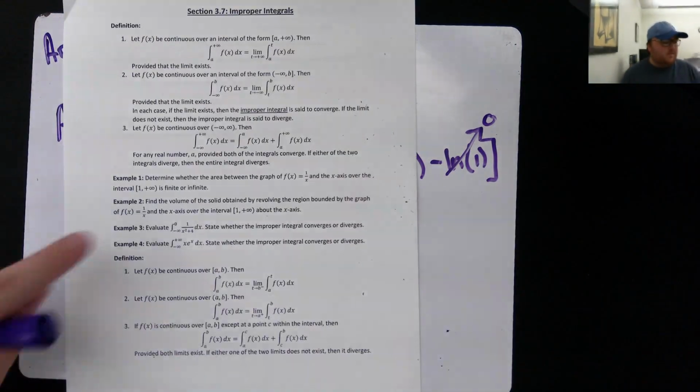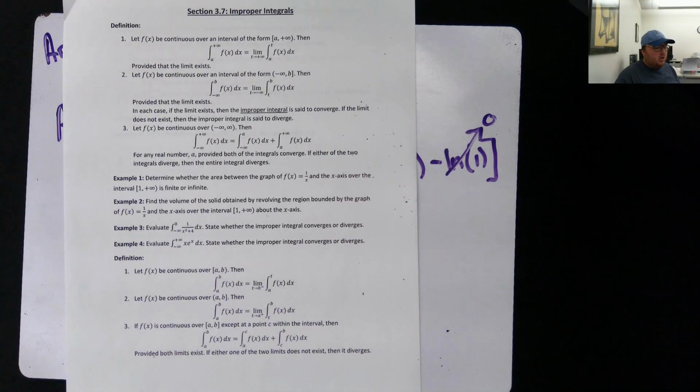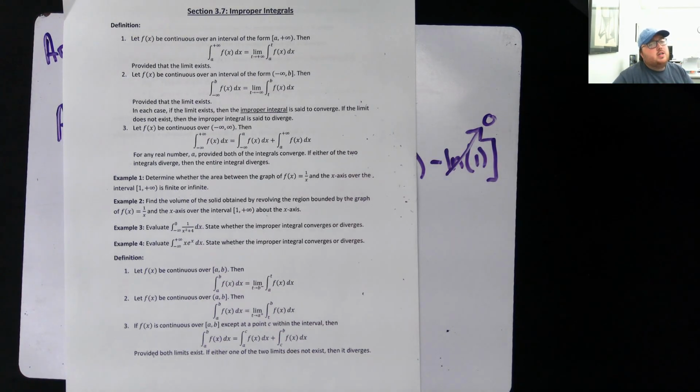Example number 2, find the volume of the solid obtained by revolving the region bounded by the graph of f of x equals 1 over x and the x-axis from 1 to infinity about the x-axis. So I'm looking for the volume, which means I've got to know, am I going to use the disk or the shell method?